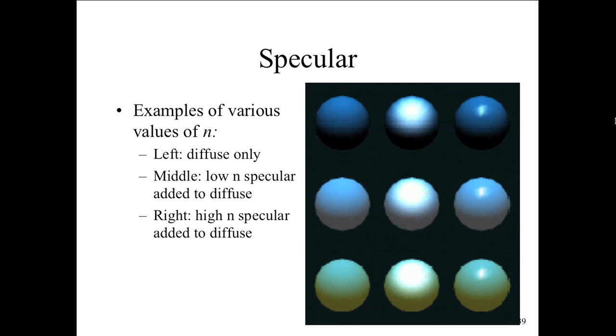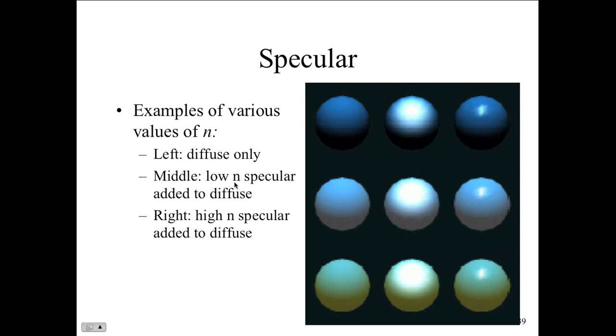So here are some examples of specular lighting, with various different values of N. On the left we have diffuse only. So you can see that these aren't actually shiny at all. The light source apparently seems to be the same for all of them.